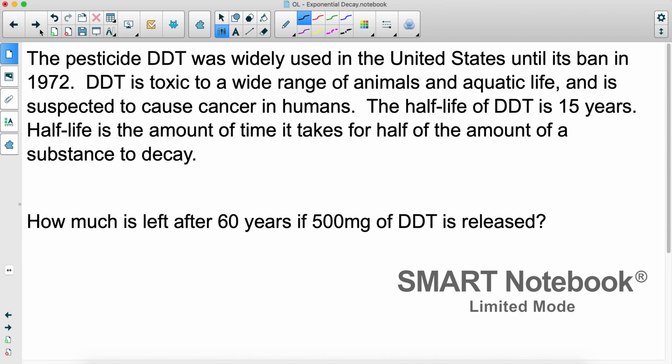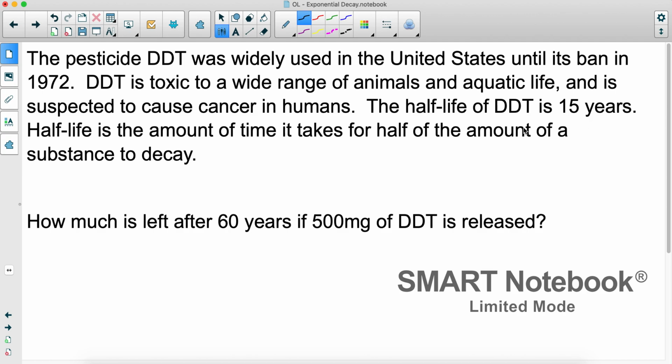So essentially what half-life means is that in that amount of time, how much we have is decreased by half. So you can see why this is so bad, the DDT, because if its half-life is 15 years, every 15 years, the amount that's in the atmosphere decreases by half. 15 years is a very long time.